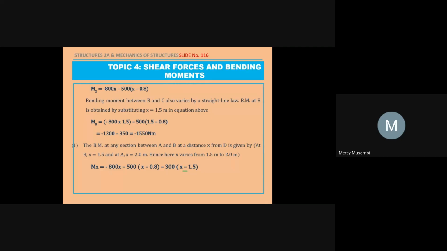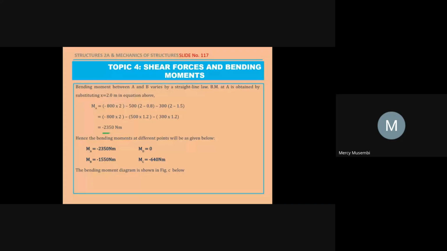So using this equation, after substituting, you'll find that MA equals 2350 Newton meters.